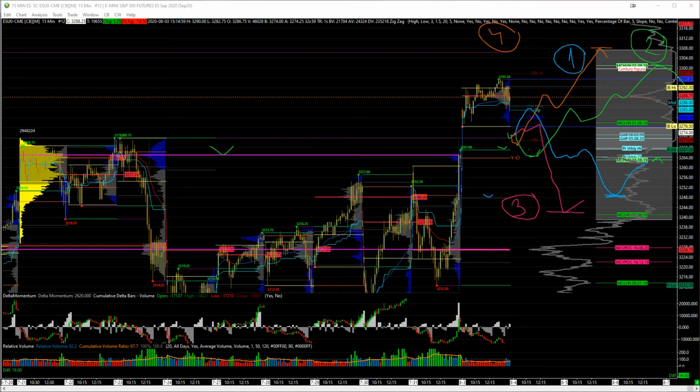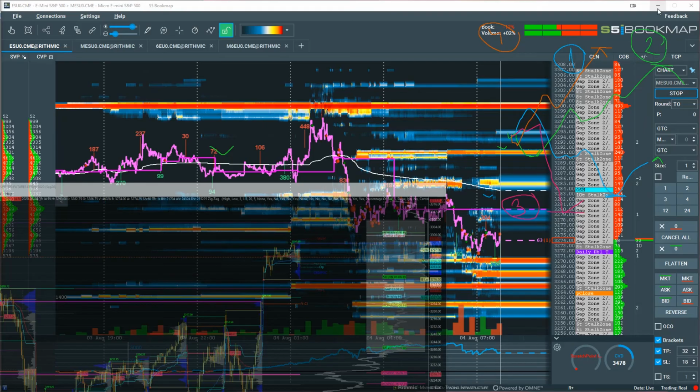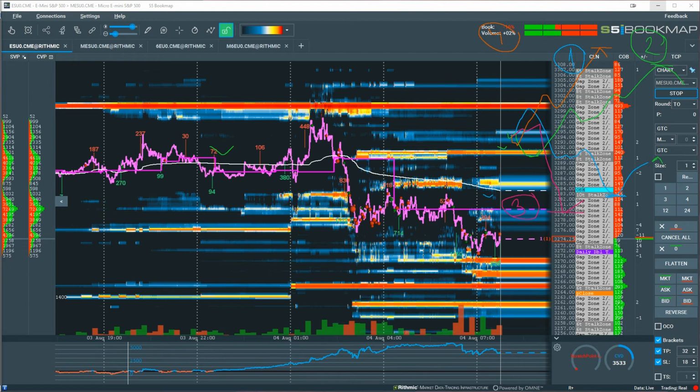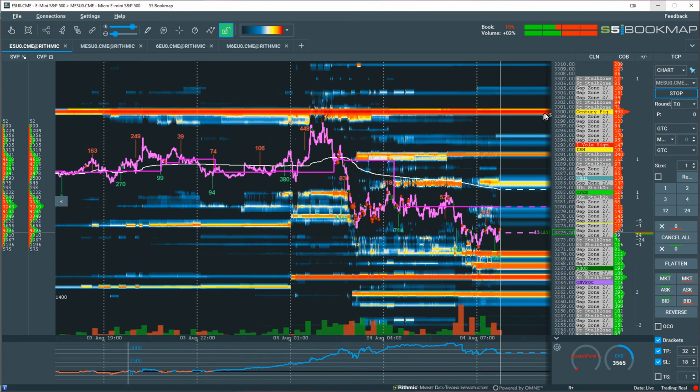The order flow has got liquidity at the century figure of 3,300 and also at the 265 handle, which is Friday's closing price, weekly closing price, and Friday's top of the range as well, because we close very close to the high on Friday.